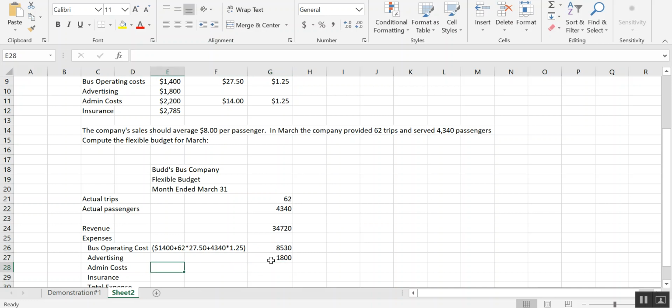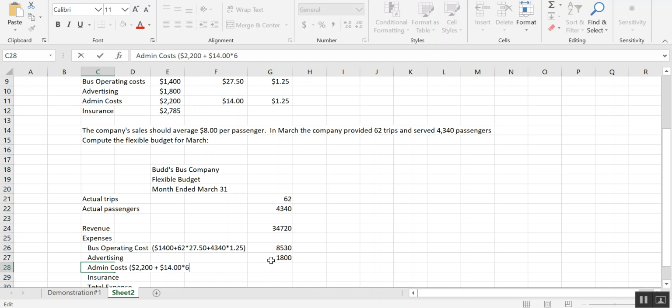For admin costs, remember here we have 2,200 plus $14 times 62 trips plus 1.25 times 4340 passengers.